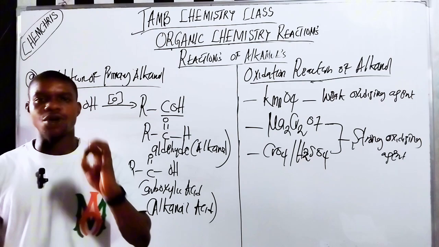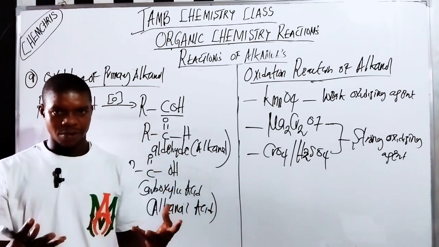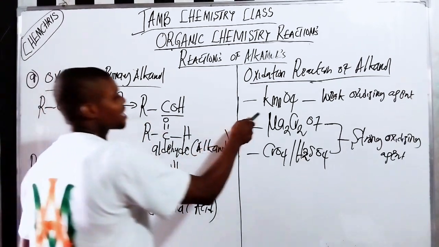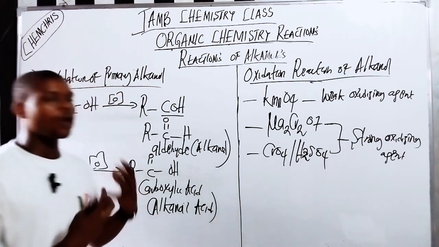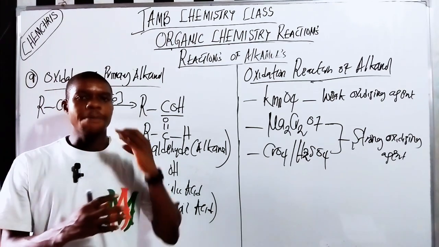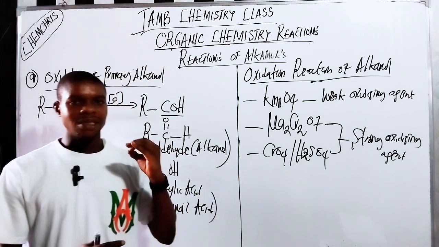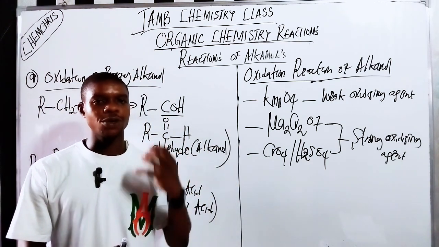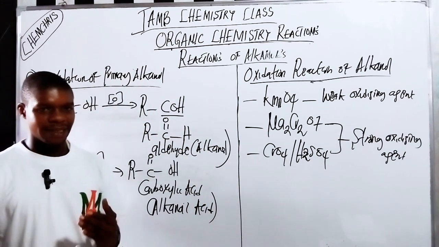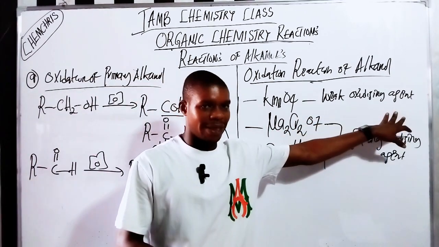But it depends on the oxidizing agent you are using. This one is a weak oxidizing agent, so it oxidizes primary alcohol to an aldehyde, and then further oxidation produces carboxylic acid.